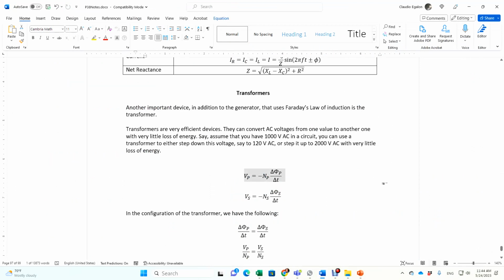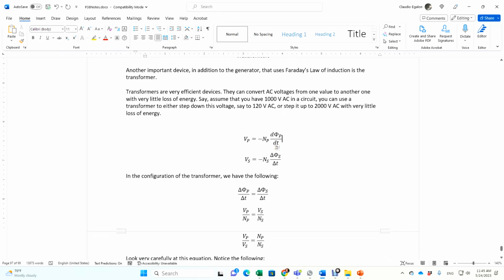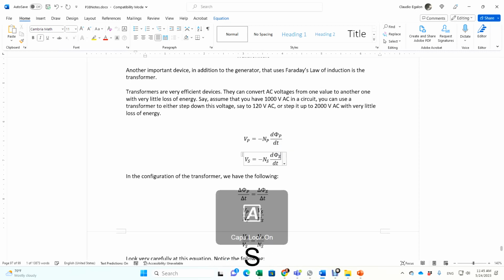The induced voltage in the primary is going to be NP d phi p dt. But the induced voltage in the secondary circuit is going to be the same, right? The same, but just adjusting the subscript values here. All I have to do is d phi s dt.